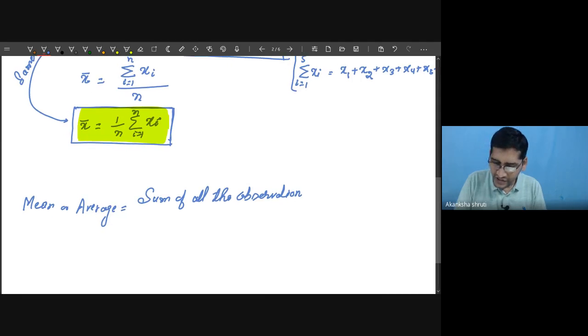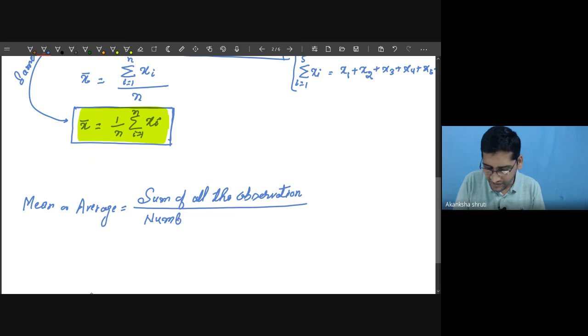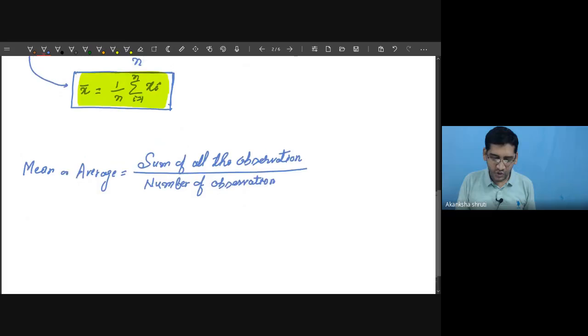And in the denominator, what is there? The number of observations, how many observations we have taken. So sometimes it may be written in this way. Everything means the same thing, no difference.